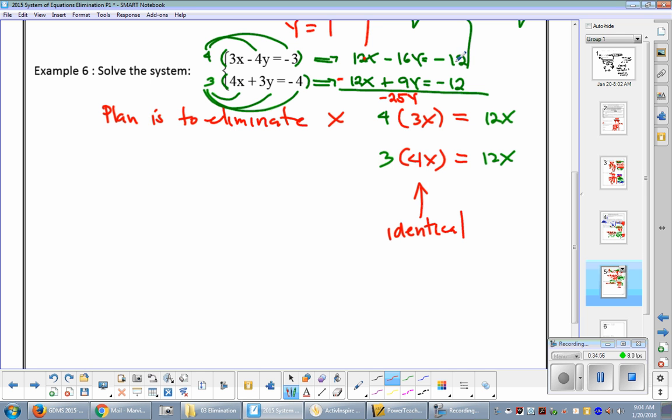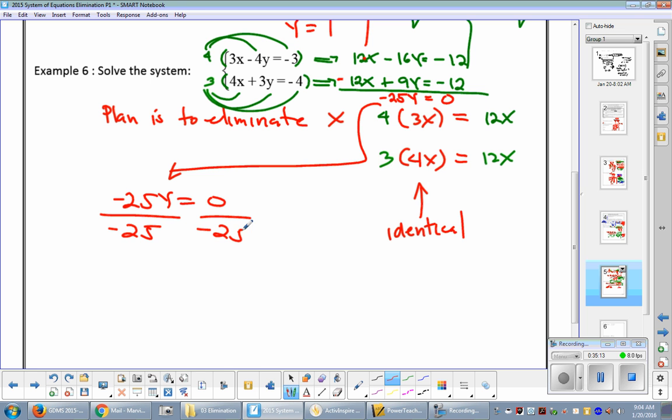Negative 12 minus negative 12, that's just 0. Okay, so let me just rewrite this one over here. I get negative 25y equals 0. Solving for my y, I have to divide both sides by negative 25, which will give me y equals 0. So I have y equals 0.